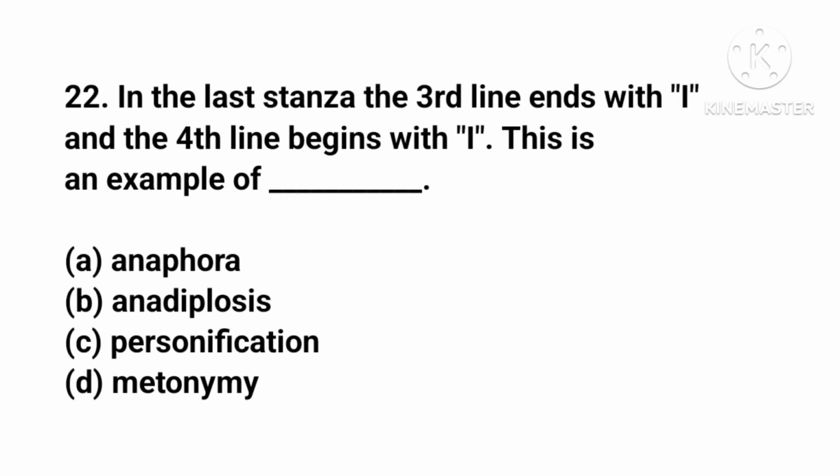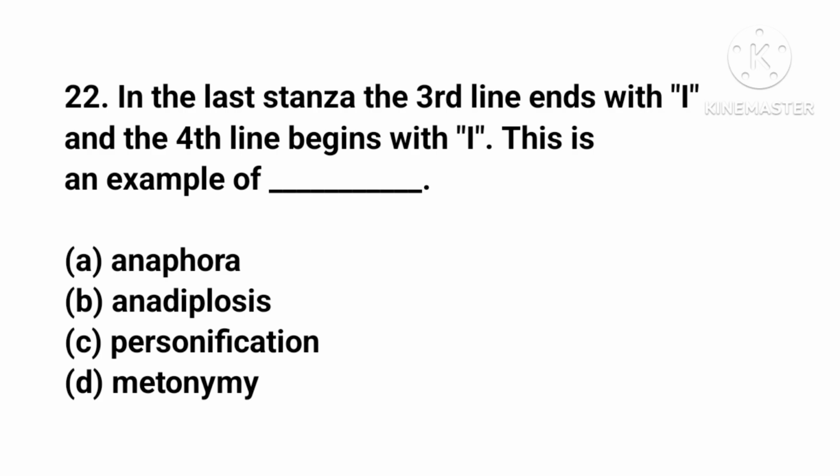Number 22. In the last stanza, the third line ends with I and the fourth line begins with I. This is an example of dash. Option A, anaphora. Option B, anadiplosis. Option C, personification.